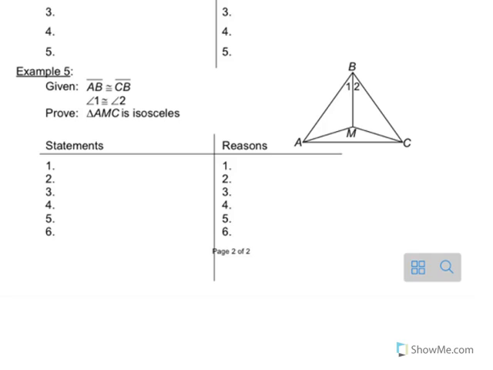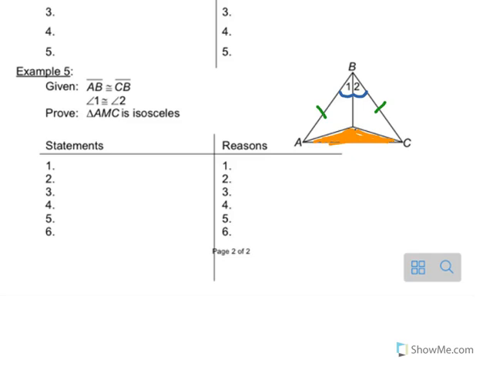We have that AB is congruent with CB. So let's go ahead and mark that. And then we have angle 1 is congruent with angle 2. And then we're supposed to prove that triangle AMC is isosceles. And so I ask you, if this is the little triangle we need to prove is isosceles right in here, what would I need to do?